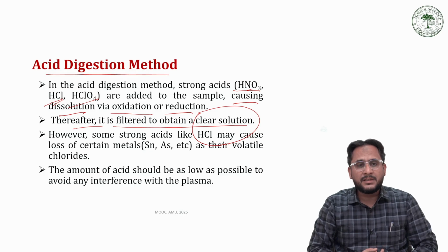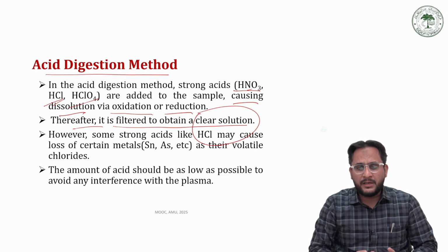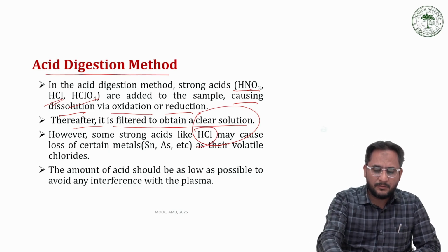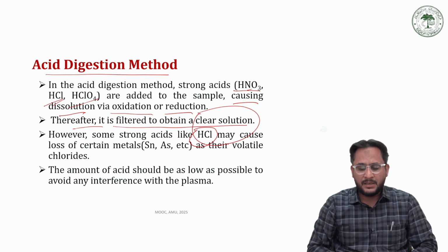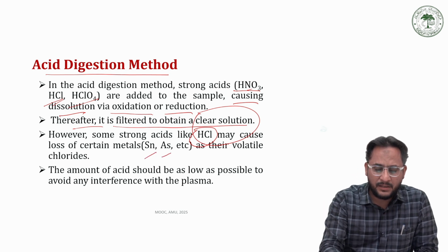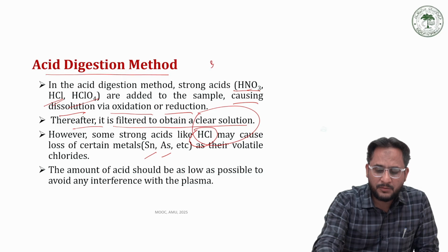However, there are certain points which must be kept in mind while using the acid digestion method. For example, if we are using HCl for the digestion of samples and our sample contains Sn or As, then there is a possibility of formation of SnCl4.